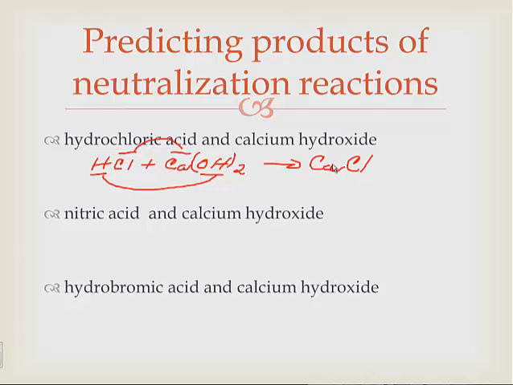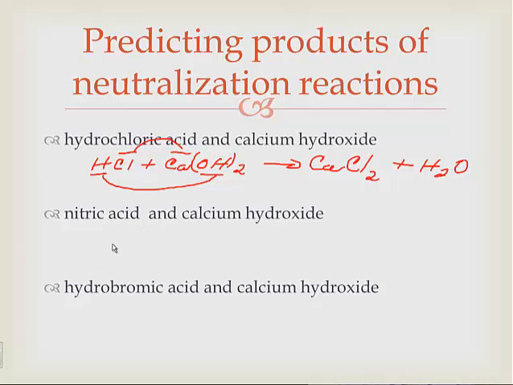So calcium is +2 and Cl is -1, so therefore it becomes CaCl2 plus HOH. The hydrogen ion from the acid combines with the hydroxide ion from the base, forming HOH or H2O. It can be written either way.